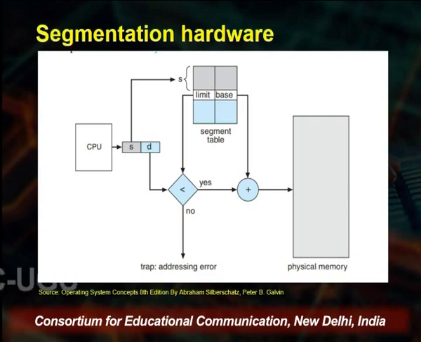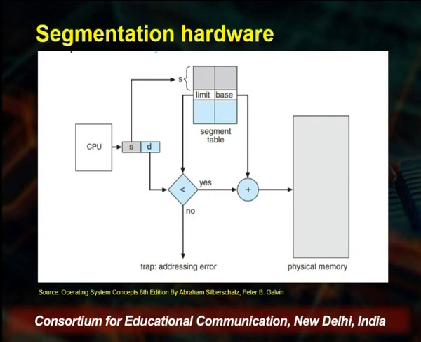Both of these entries are concerned with the segment table, which is accessed after generation of this logical address. S is the segment number and D is the offset, and in the segment table we have the limit and the base.